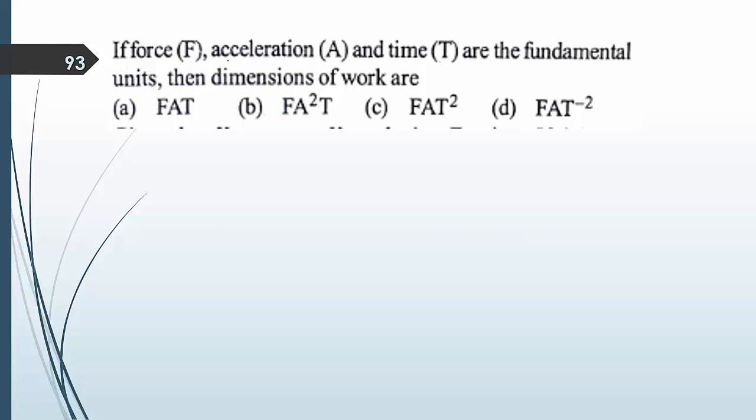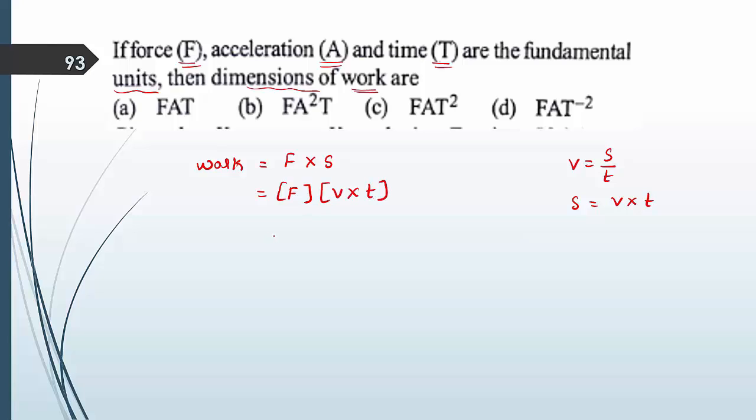Question number 93. If force F, acceleration A, time T are the fundamental units, then dimensions of work are. See here, work is given by the equation force into displacement. Force is having the dimension here, it is given as F. Displacement, instead of displacement, see here, velocity equal to S by T. S equal to V into T. So in place of S, I can write V into T. Then F in place of force.